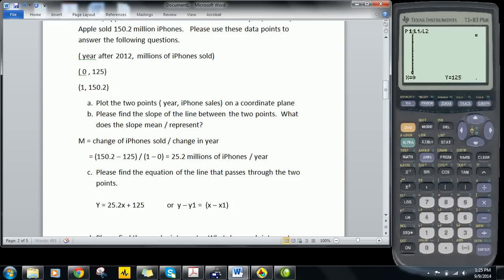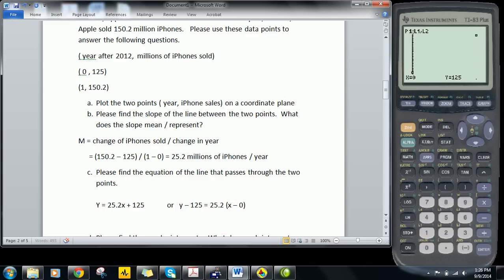So I already have the slope, 25.2. And now I just have to take either one of these 2 points, and if you do it correctly, you'll get the same solution no matter which point you choose. Now it's probably easiest to use this point, 0, 125. So the 0, the x value, goes in for x1. So 0 goes here. And then the 125, the y value, goes in for y1, right here.